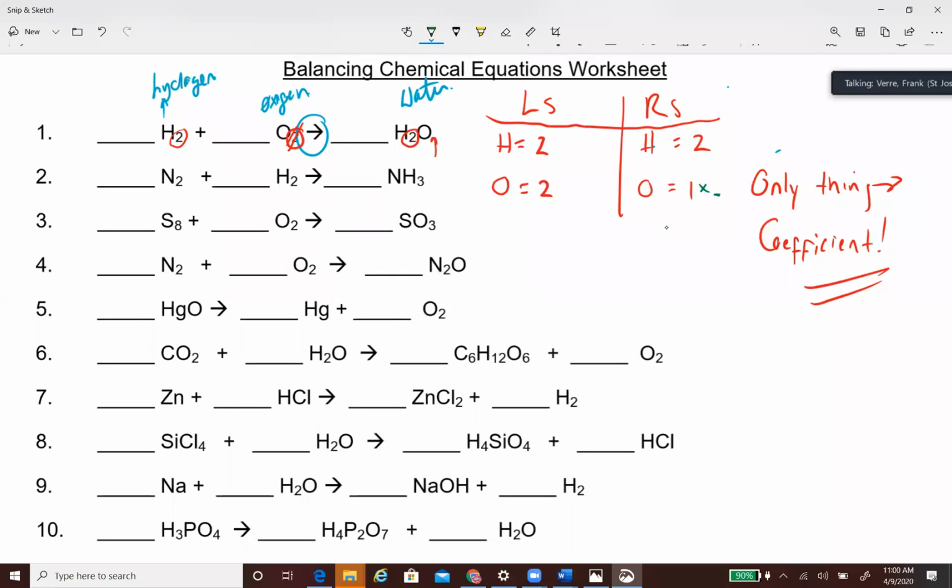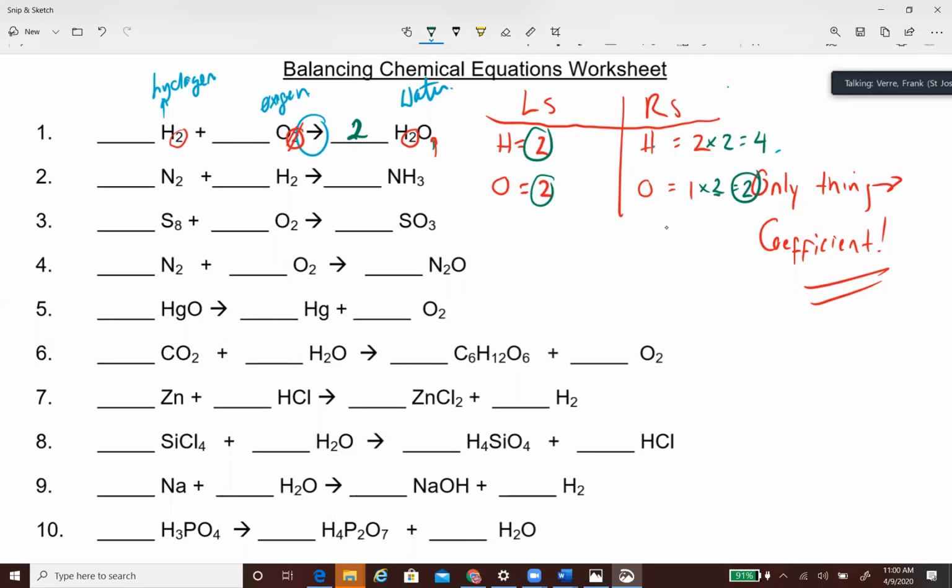So what could I put in front that would make it equal 2? Well, that's easy. 1 times 2. If I put a 2 here, then I know that 2 times 1 gives me 2. So now I know that there's 2 oxygen on the right side. But the problem is if I put a 2 here, that changes this to 4. So now I got to fix the hydrogen, because now you can see that the oxygen's okay, but the hydrogen's not.